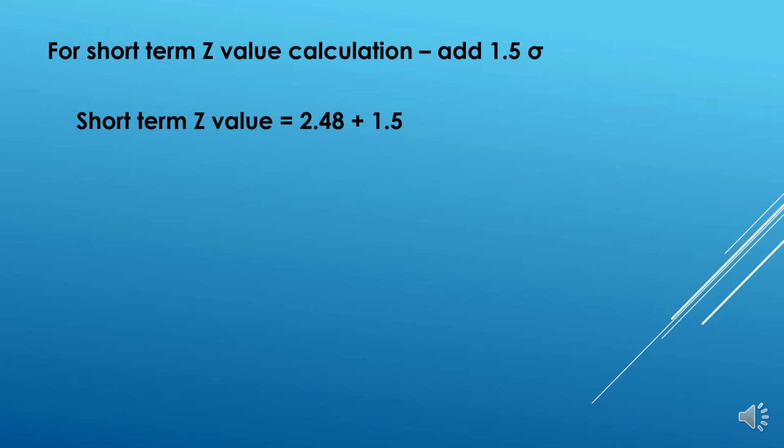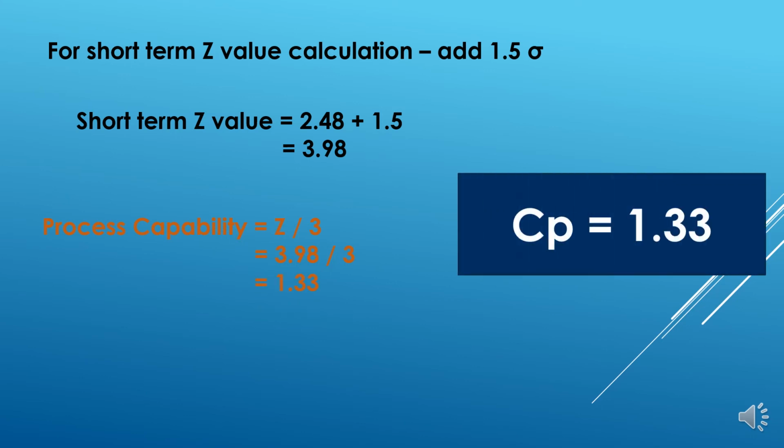If you want to calculate the short-term value, then we need to add 1.5 to the long-term Z value. So our short-term Z value is 3.98. Now we have the formula, process capability is Z divided by 3, and we can straight away use this. The process capability for the long-term process is 1.33. Hope you understand the short-term and long-term discrete data process capability.